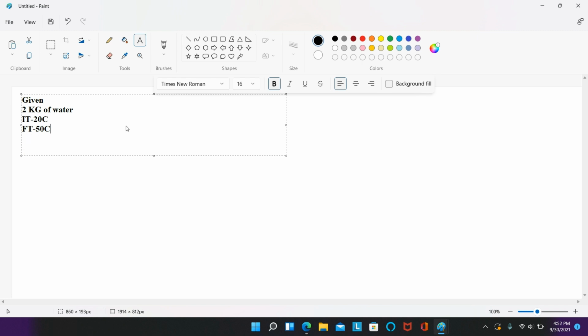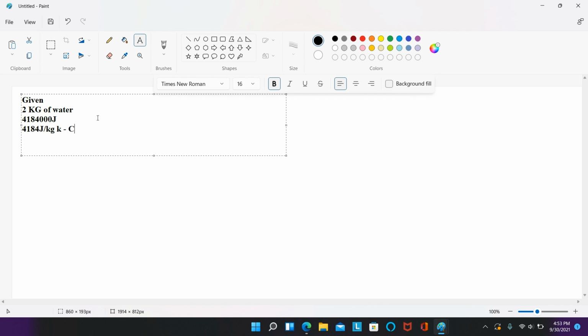Now let's say you don't know the initial temperature, but you do know how many joules you have. So you have 4184123 joules of energy, and as I previously put, 4184 joules divided by kg Kelvin would be the specific heat.